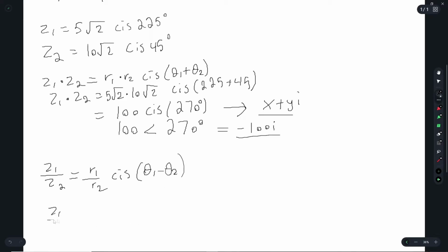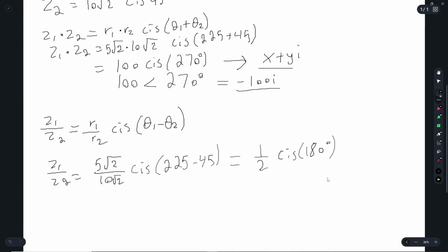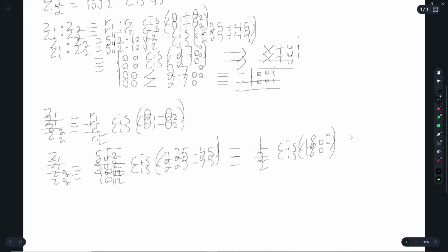So z1 over z2 is equal to 5 radical 2 over 10 radical 2 cis 225 minus 45, which will give us 1 over 2 cis 180. Now you can either keep it this way or convert it to x plus y form.